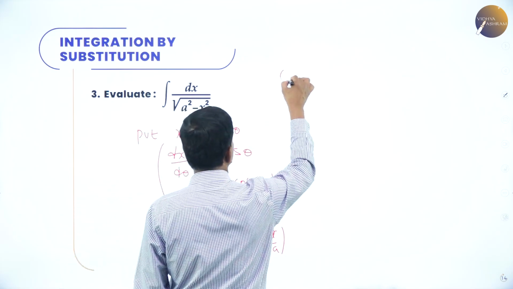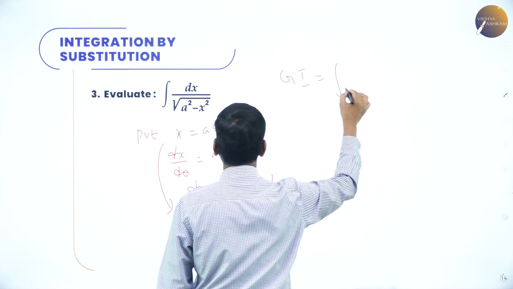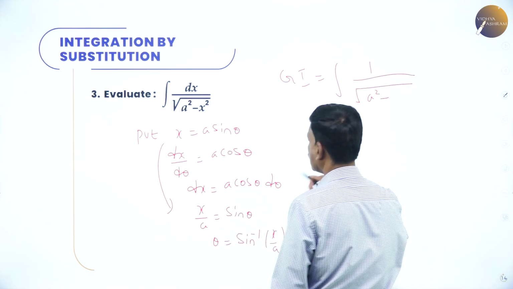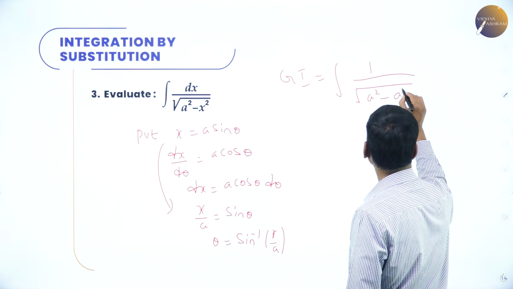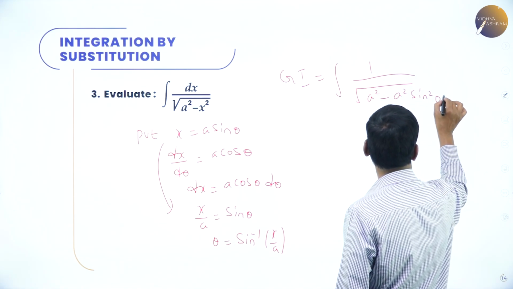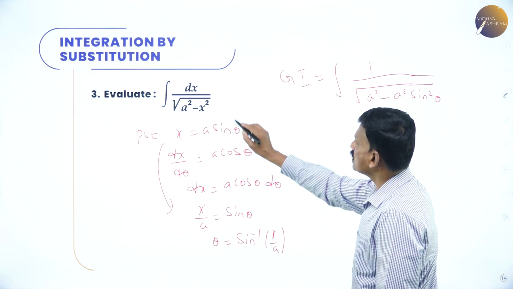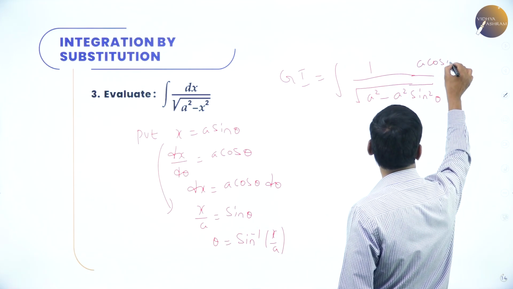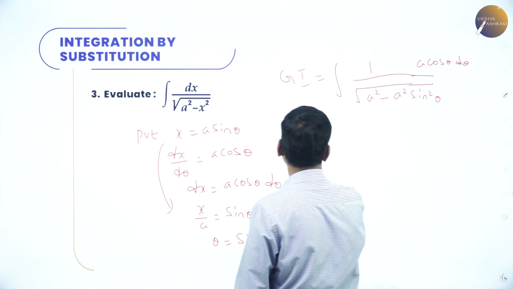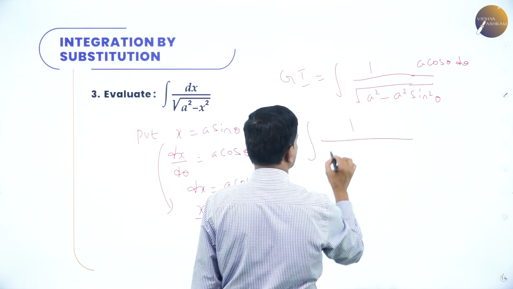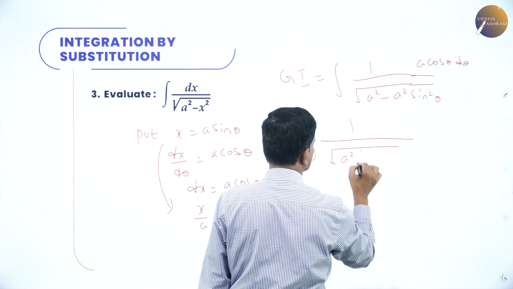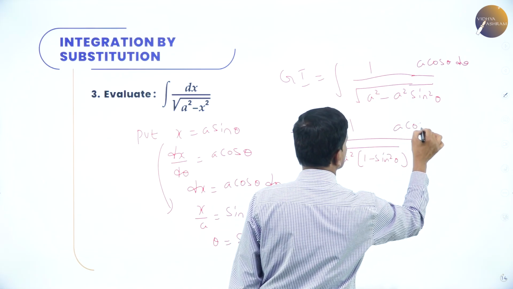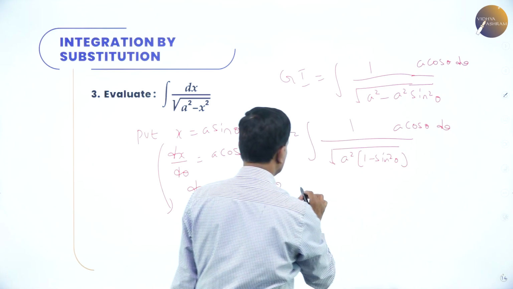Now this given integral becomes the integral of 1 over root of a square minus x square, which is a square minus a square sin square theta, into dx, which is a cos theta d theta. You can take a square out: 1 over root of a square into 1 minus sin square theta, into a cos theta d theta.